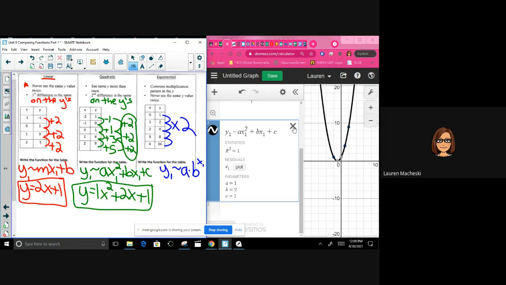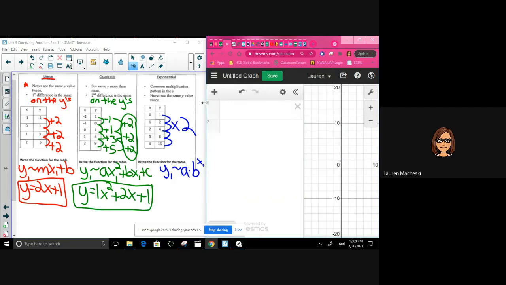So let's clear out everything you got in here. Add a new table, put your new points in. And then we can find out our a and our b so we can write our equation.